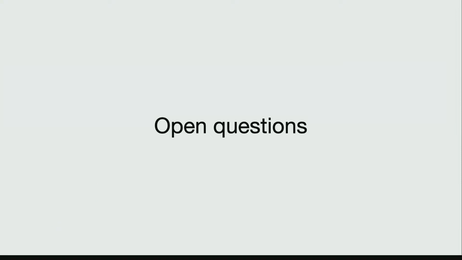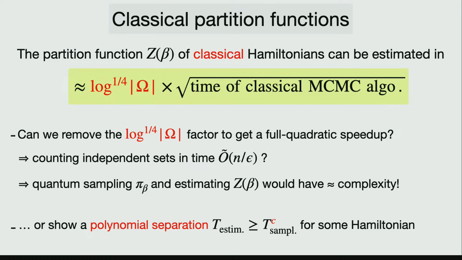Okay, so let me conclude with a few open questions, which I think may be interesting to look at. The first very natural question is: is it the end of this framework for speeding up partition function estimation? The best we could hope for is to completely get rid of this prefactor, which would give a full quadratic quantum speedup, meaning we could, for instance, count independent sets in linear time.